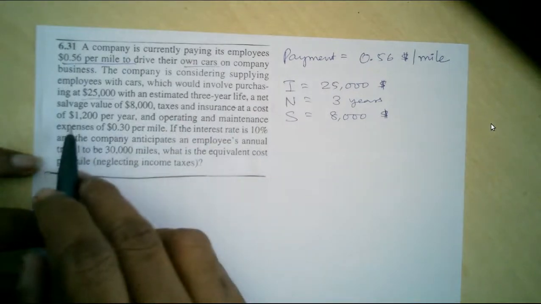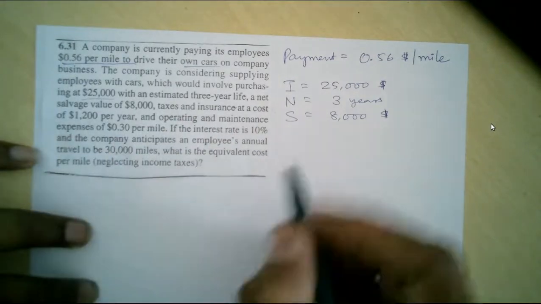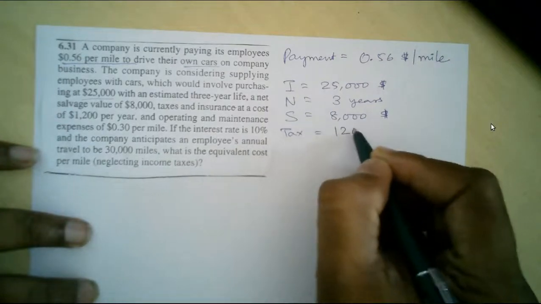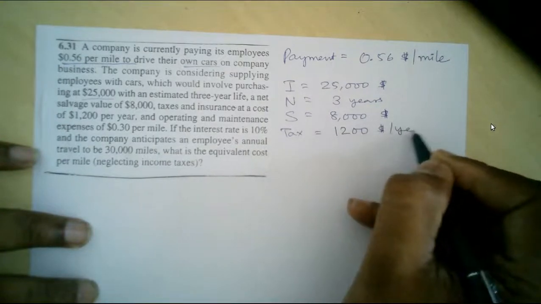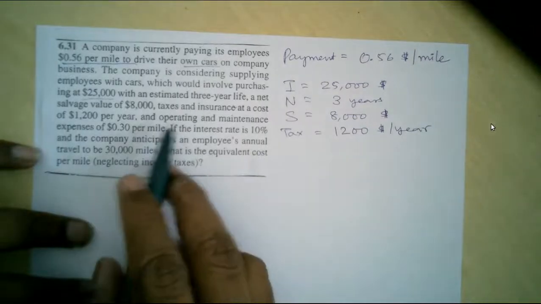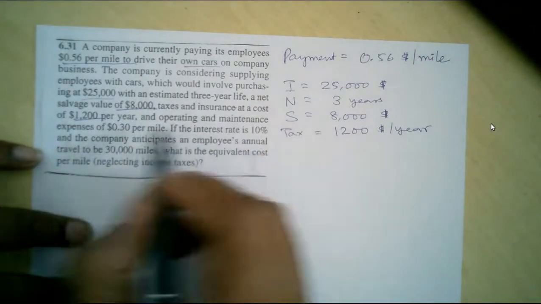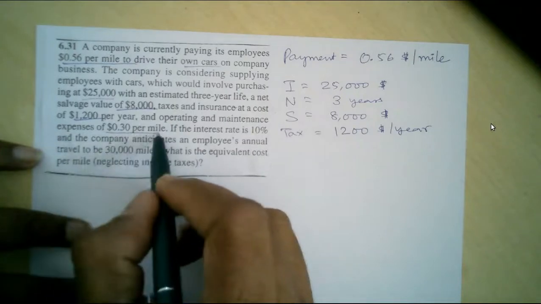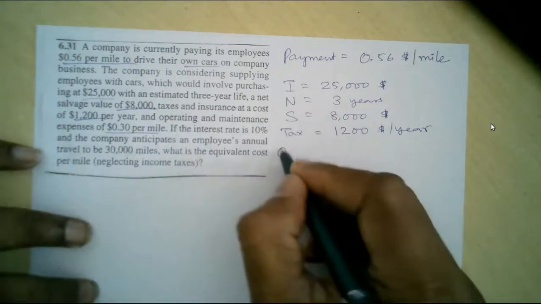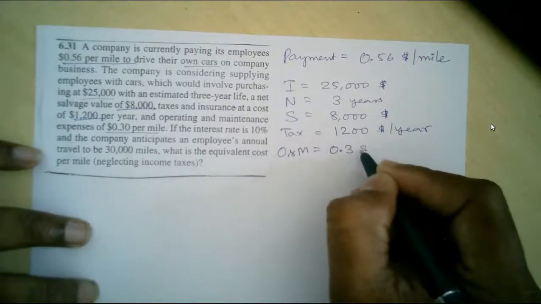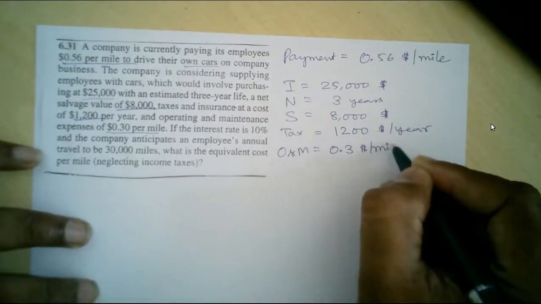Taxes and insurance cost of $1,200 per year. Taxes: $1,200 per year. So I made use of this information, and operating and maintenance expense of $0.3 per mile. Okay, so O&M: $0.3 per mile.